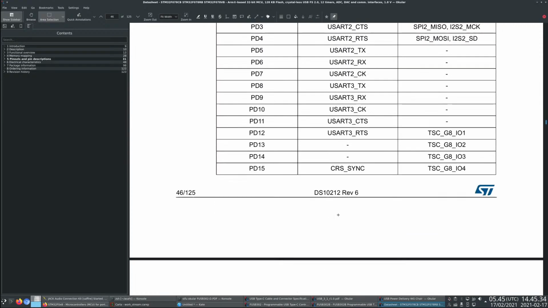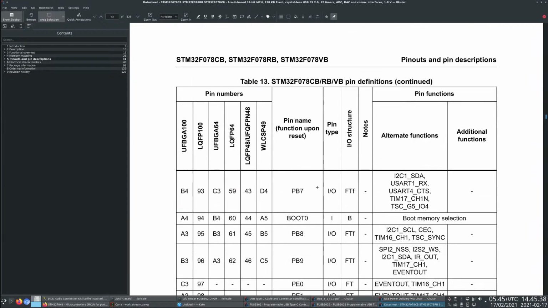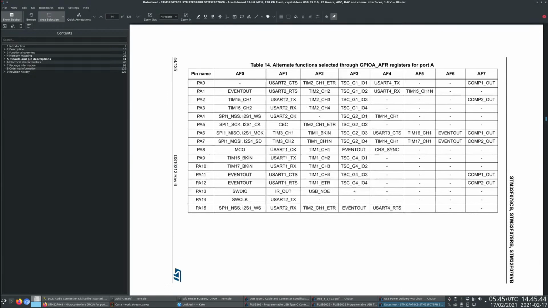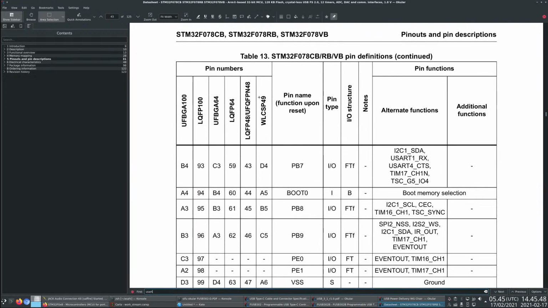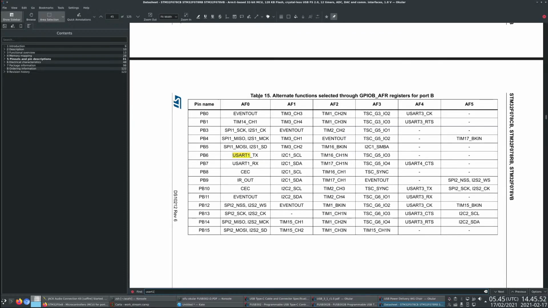And there's probably more USART1 somewhere else. Where was this thing? It's PB. I think USART1 is probably on more than one set. Yeah, so those are also on PB, right? So, for example, USART1 is on at least 2 sets of pins.